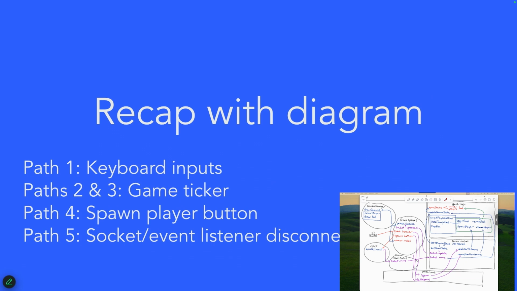The second and third paths that we made are with the game ticker. This is on the server side. We start with the start running game, if you look at the iPad over there. That will call update game state, which will update the game state right here. So that's on the server side.